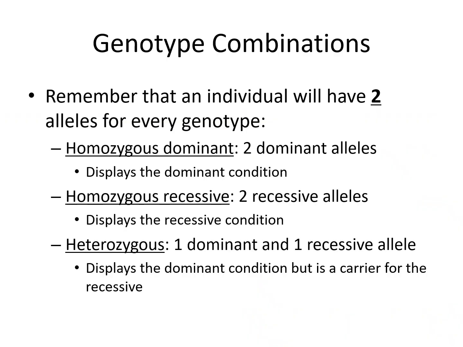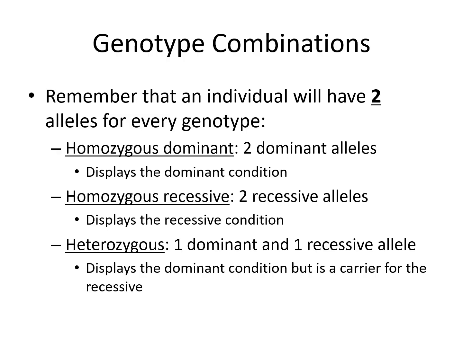For genotype combinations, there are 3 of them. Gentle reminder that for each genotype, you must have 2 alleles. And remember, alleles are just variations of a gene. So we have the first combination, which is going to be a homozygous dominant genotype.